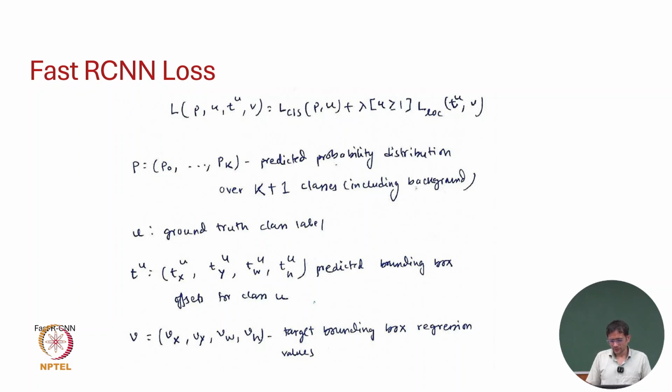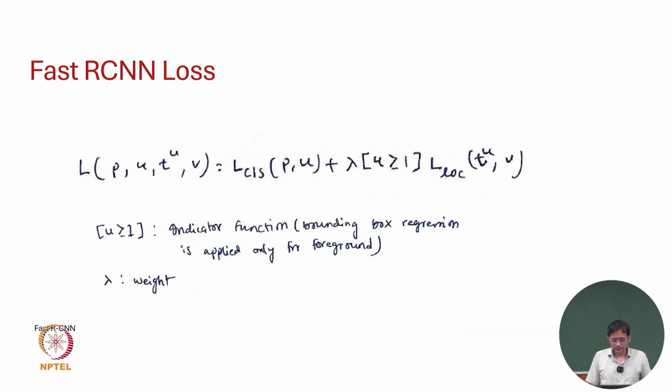So again, using this t^u and the v, we can now compute an appropriate loss function for bounding box regression. Now, this regression part of the loss function is combined with the classification part with this lambda weight or lambda multiplier.